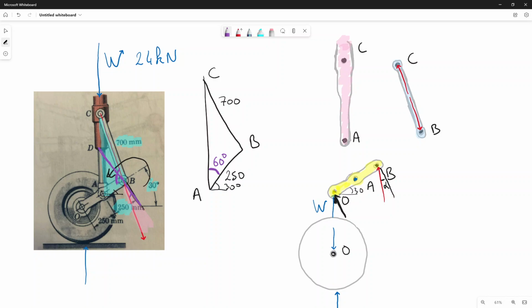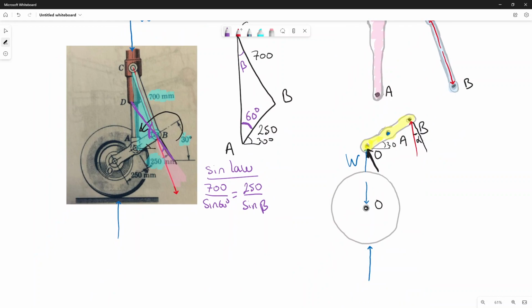So we can write that 700 divided by sine 60 equals 250 divided by sine beta. So sine beta is equal to 250 divided by 700 times sine 60, and you do the inverse sine.